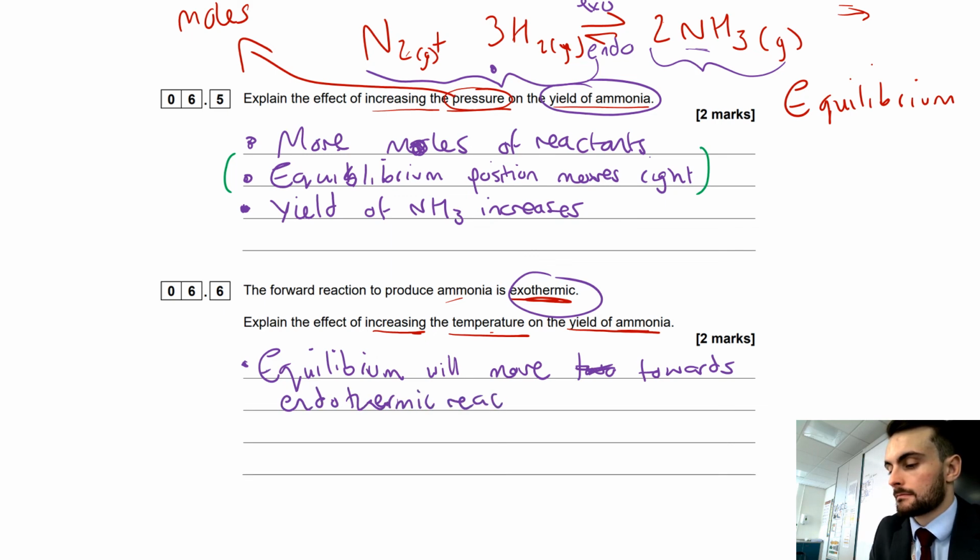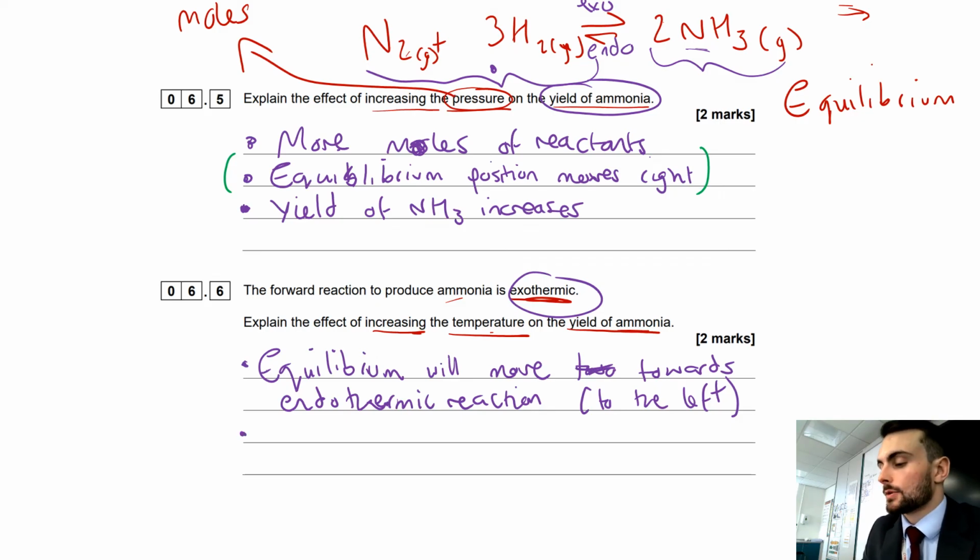Okay, or we can just say to the left. And then that's our first mark. Then we need to decide what that's going to do to our yield of ammonia. If it's moving to the opposite side of ammonia, it's going away from the ammonia, so you think of it as the yield is going to decrease.